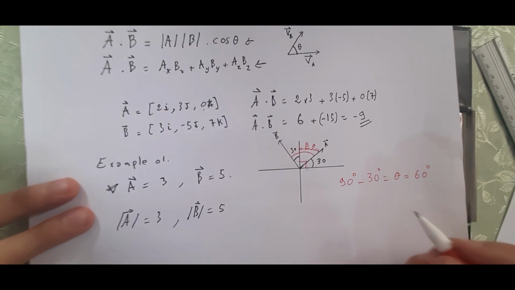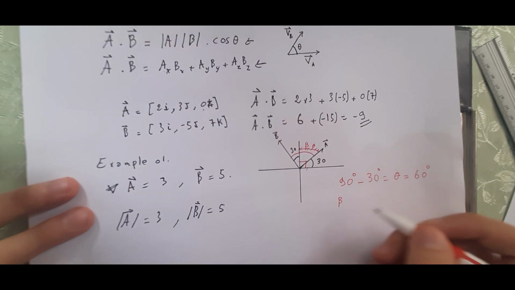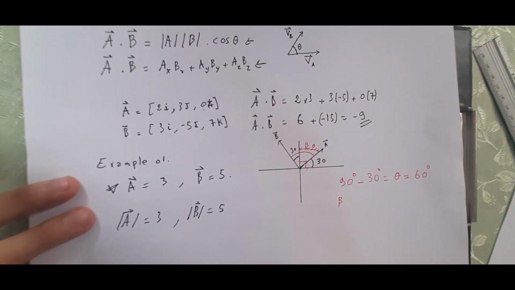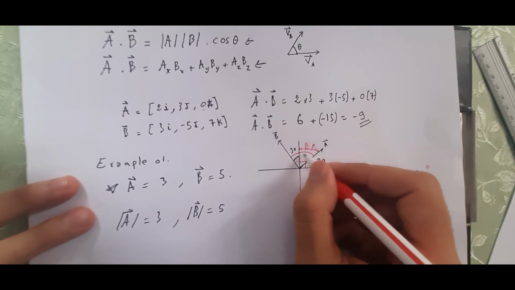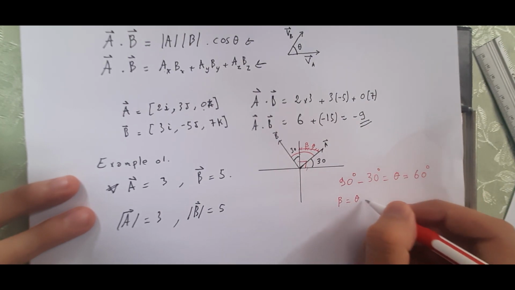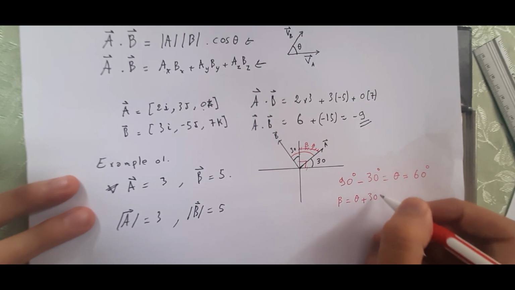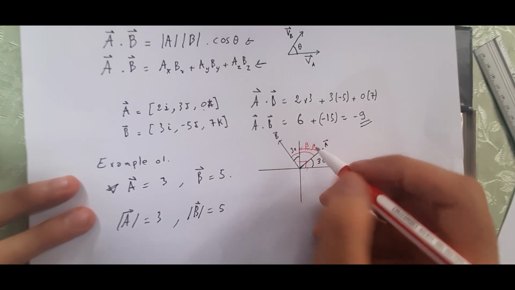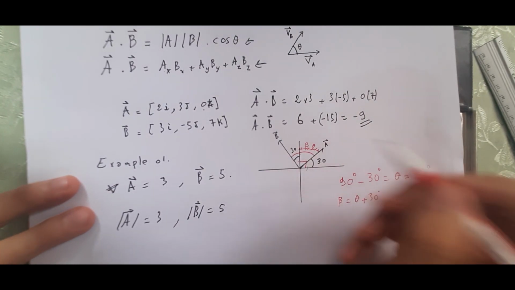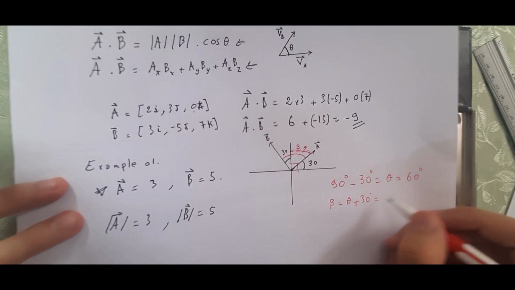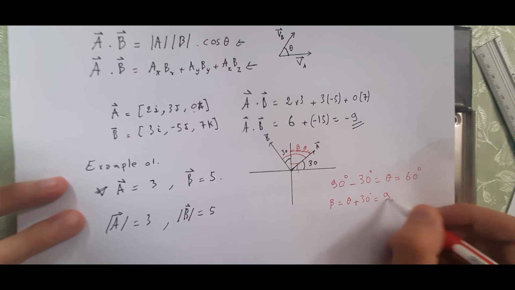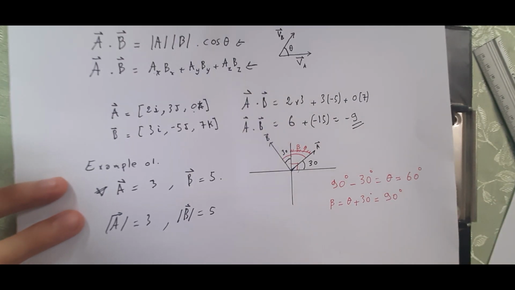And beta, the angle between vector A and vector B, equals theta plus 30 degrees, which is the angle between the vector B and the y-axis. We get beta equals 60 plus 30, which is 90 degrees.